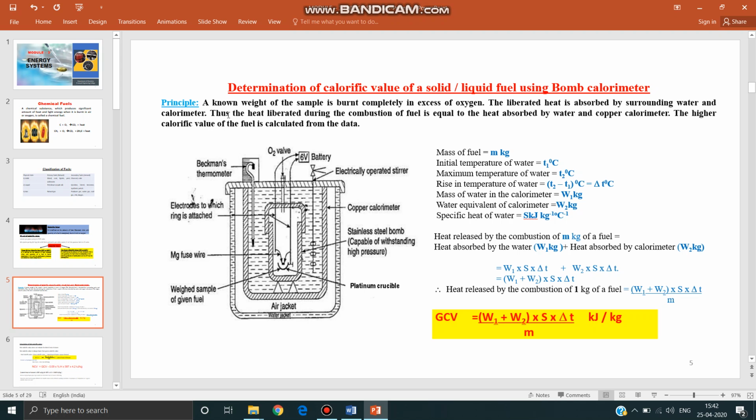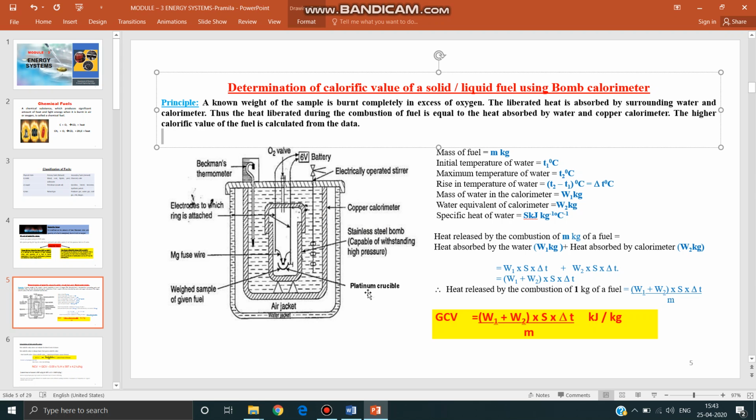Thus, the heat liberated during the combustion of fuel is equal to the heat absorbed by water and copper calorimeter. The higher calorific value, GCV, can be calculated from the data.